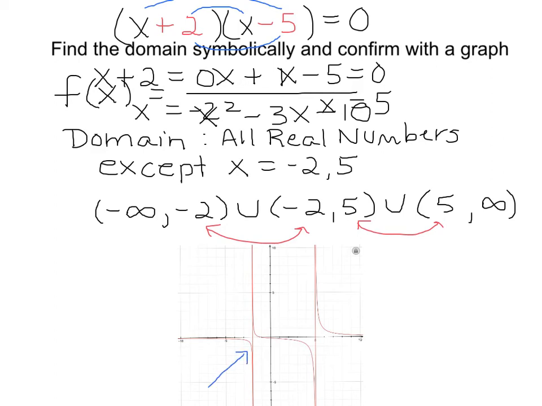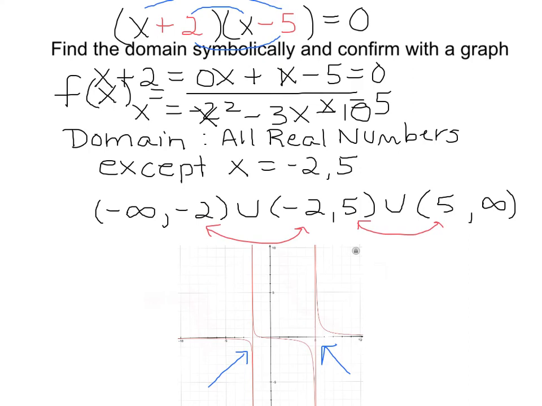So we have a graph to the left of negative 2, then a break, then we have a graph between negative 2 and 5, another vertical asymptote at x equal 5, and then a graph also to the right of 5, greater than 5.